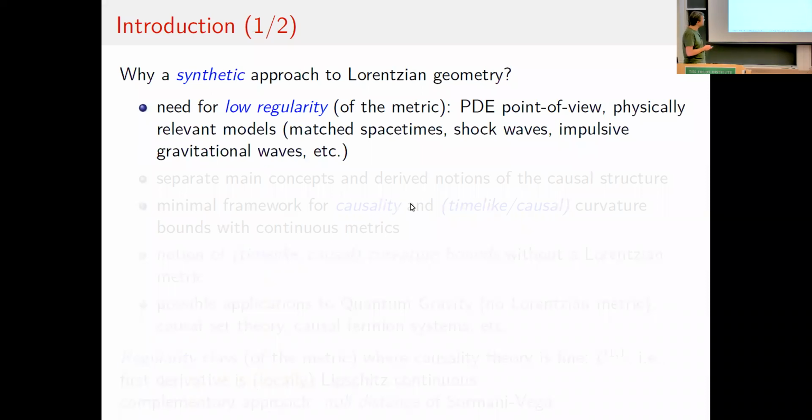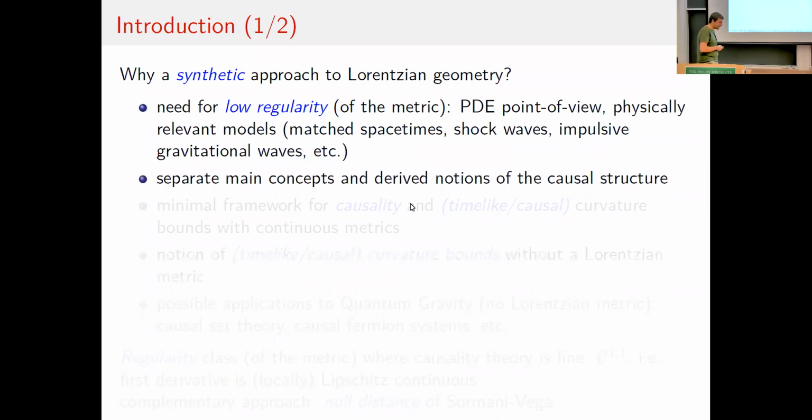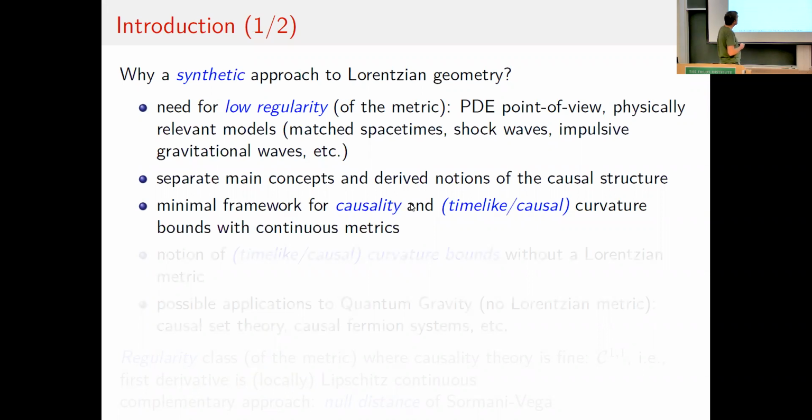One other goal of ours was to separate main concepts and derived notions. So what is fundamental, what can be derived for the causal structure. And also for us, a main example are spacetimes with continuous metrics. So they might not be differentiable anywhere, but still you can talk about the causality, and we wanted to have a way to define curvature bounds for spacetimes with continuous metrics.